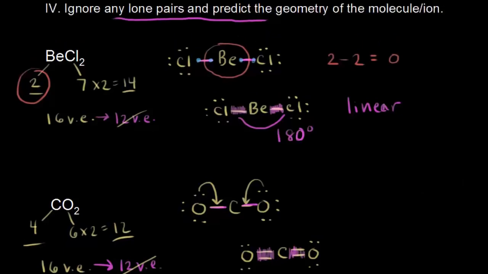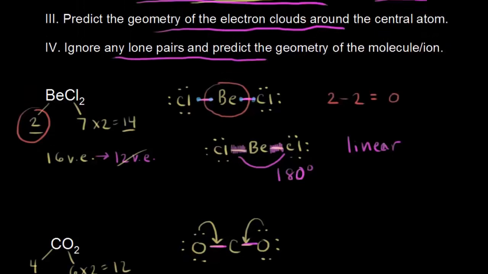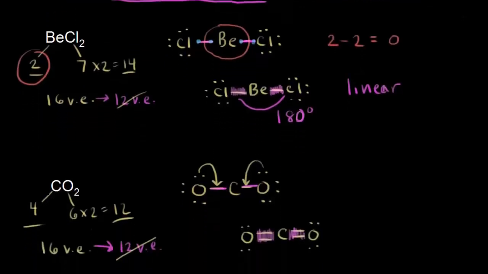So when we look at step 3, predict the geometry of the electron clouds around the central atom, those electron clouds are going to be opposite to each other. They're going to point in opposite directions. So once again, they're going to force this molecule into a linear shape. The carbon dioxide molecule is also linear with a 180-degree bond angle.